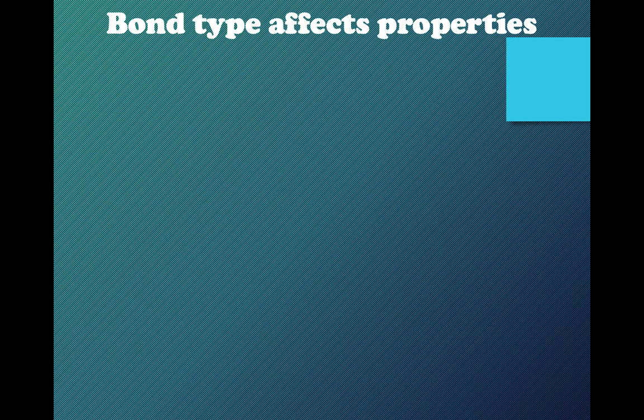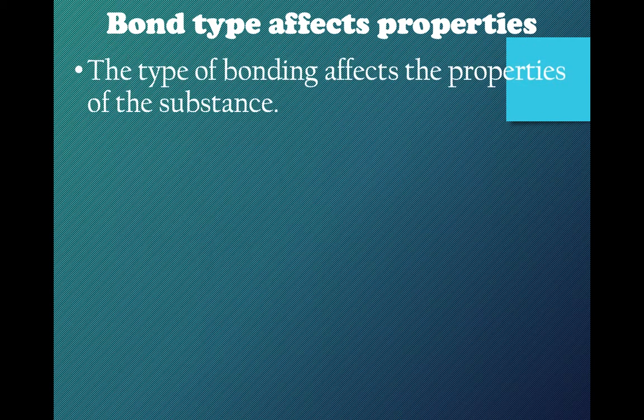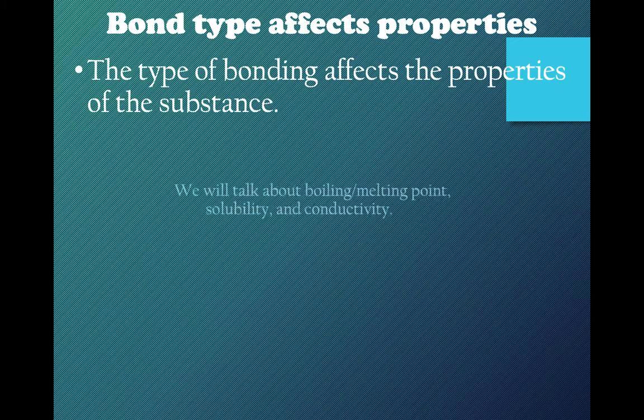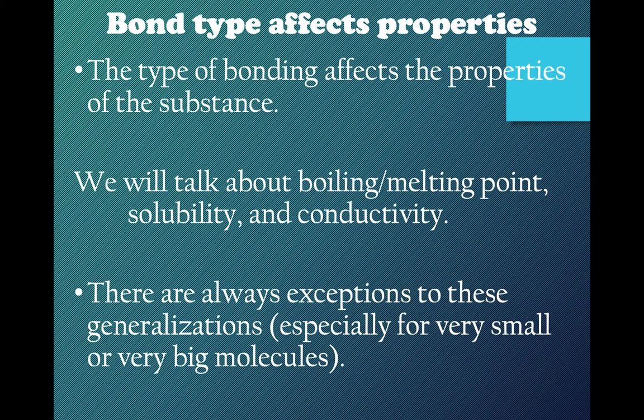And so this is getting to the last part, which is how does the type of bonding affect the chemical properties? There's going to be a couple tables. We're going to look at three: boiling point, solubility, and conductivity of electricity. Now, what you're going to see are generalizations, and of course there will always be exceptions, but overall, generally speaking, this is how it works.